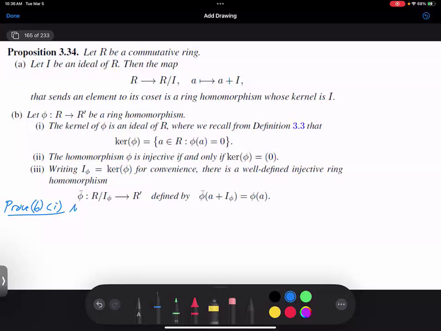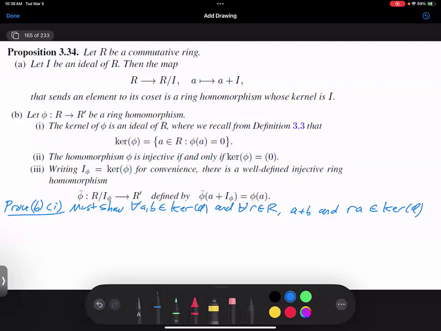So we must show for all A, B in the kernel of phi, and for all little r in the ring R, A plus B and R times A are in the kernel of phi. That's what it means to show that the kernel of phi is an ideal.